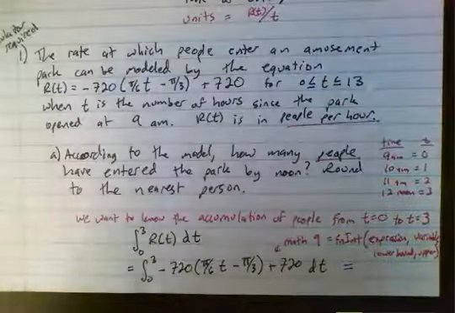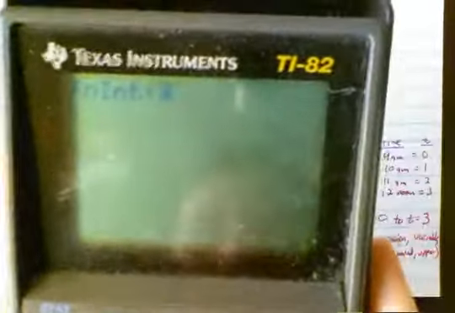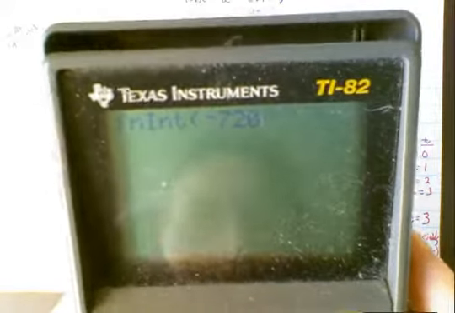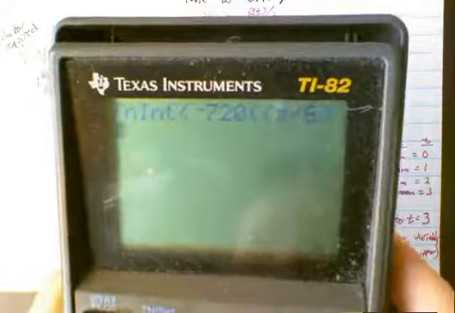So we can put this in using whatever variables we want, as long as we put in what variable we're using. So negative 720 sine of pi divided by 6, make sure you're in radians.